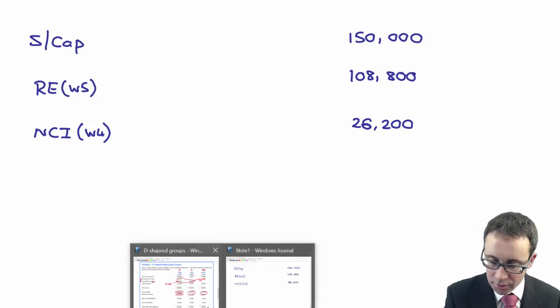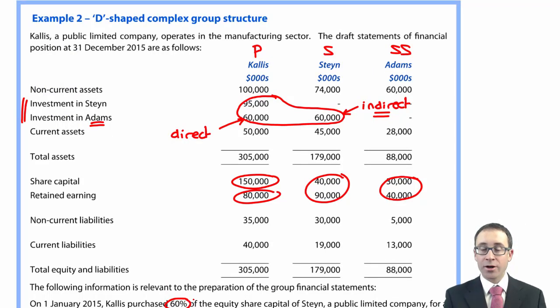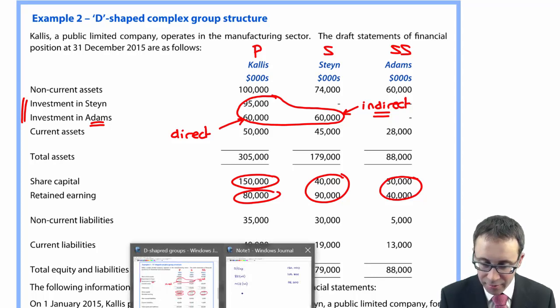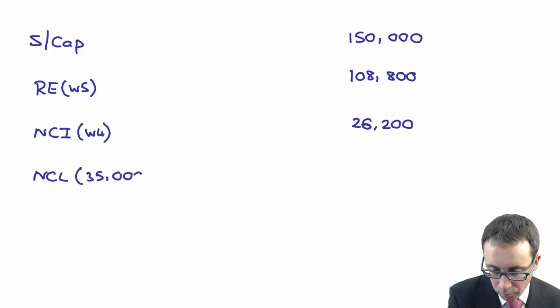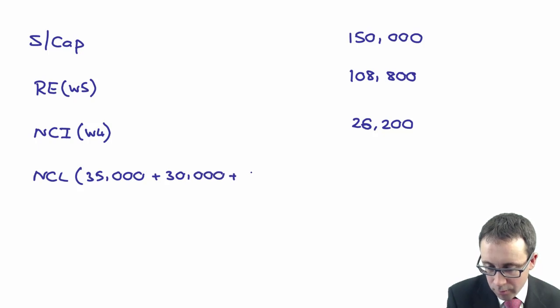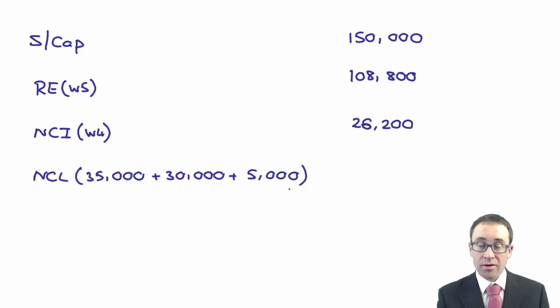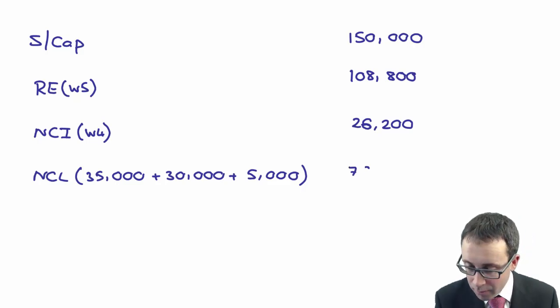And then I think we've got just the usual non-current liabilities and current. So non-current 35, 30, and 5. It's about 70,000, isn't it? Excellent.